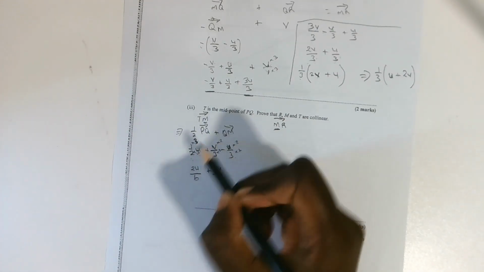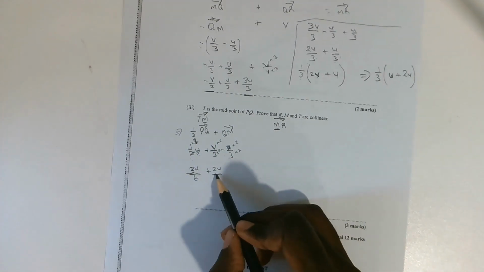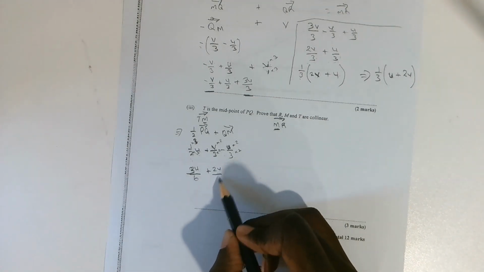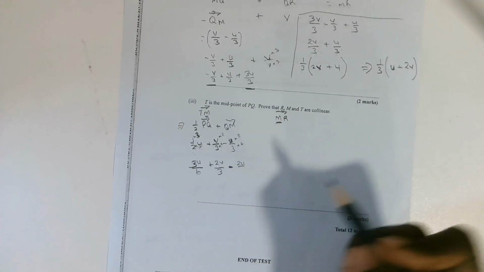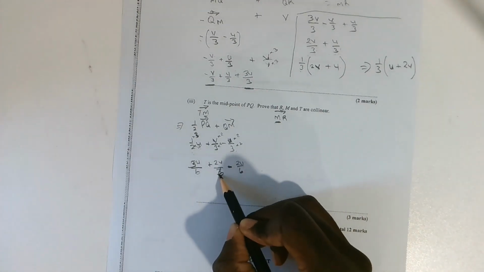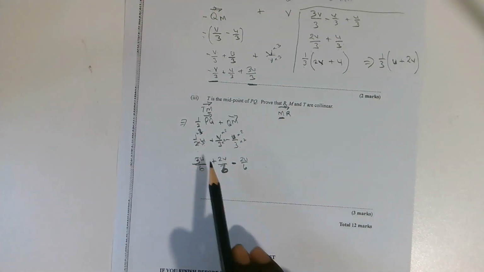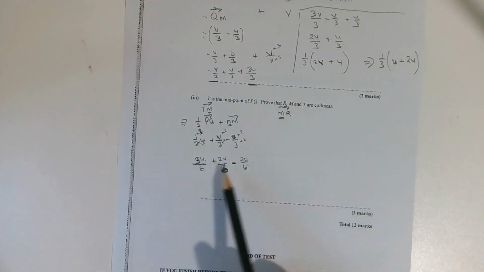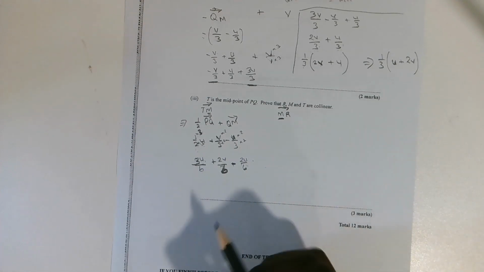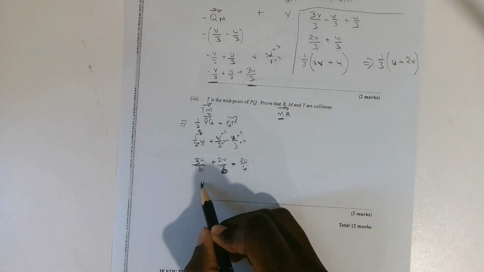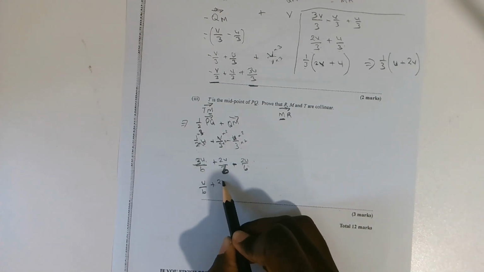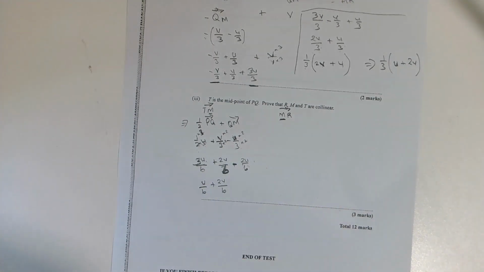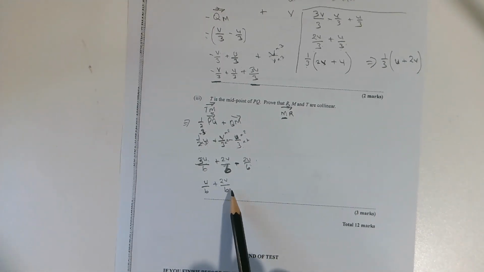So I'll have 2u over 6 plus, multiplying by 3, 3u over 6 plus 2v over 6, take away 2u over 6, sorry. So all of our denominators are now the same. I can subtract my 3u take away my 2u, which leaves me with 1u over 6 plus 2v over 6. And I'm going to leave this like this just for now.